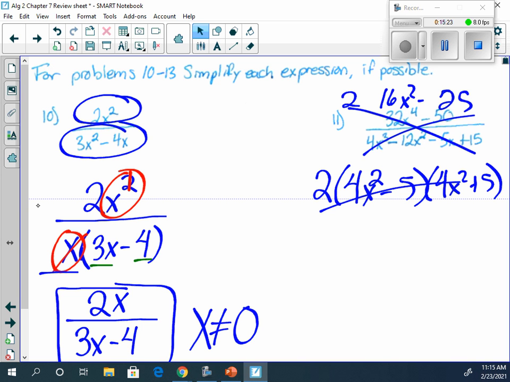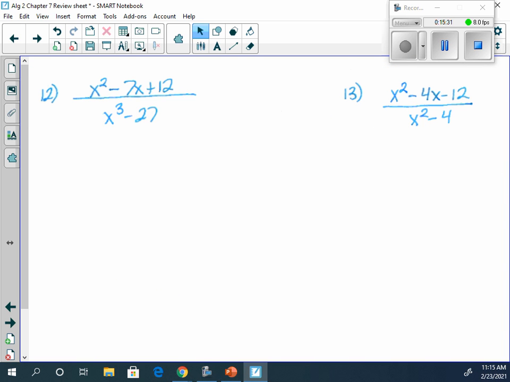Group the first two, the 4x cubed minus 12x squared, and the 5x plus 15, and factor it down from there. But we're not going to worry about it here. The reason I'm not doing 12 is because I'm not making y'all do difference of perfect cubes or sum of perfect cubes on the test. We're not going to have those on the test, so it's not going to be something that comes up.